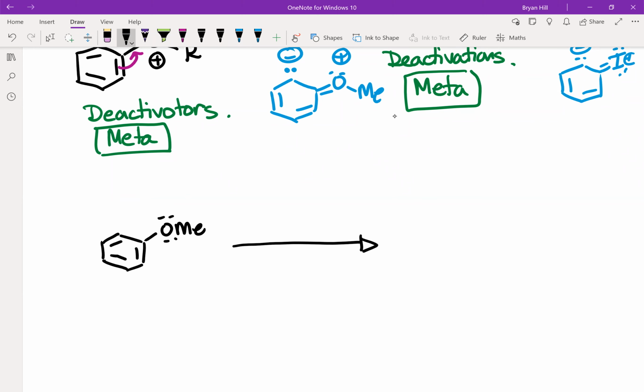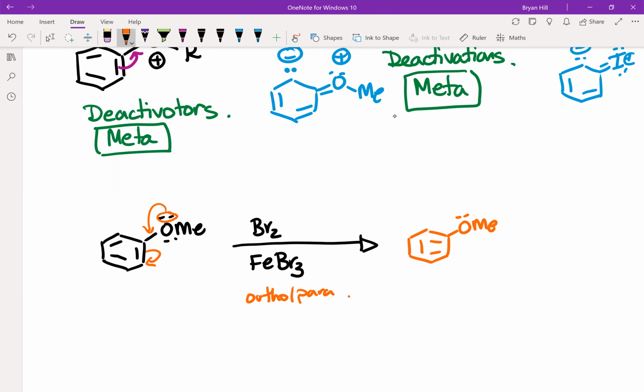We had Br2, FeBr3. Because we've got an oxygen which can donate electron density into the ring, this will be an ortho para director. And so our products should be E.